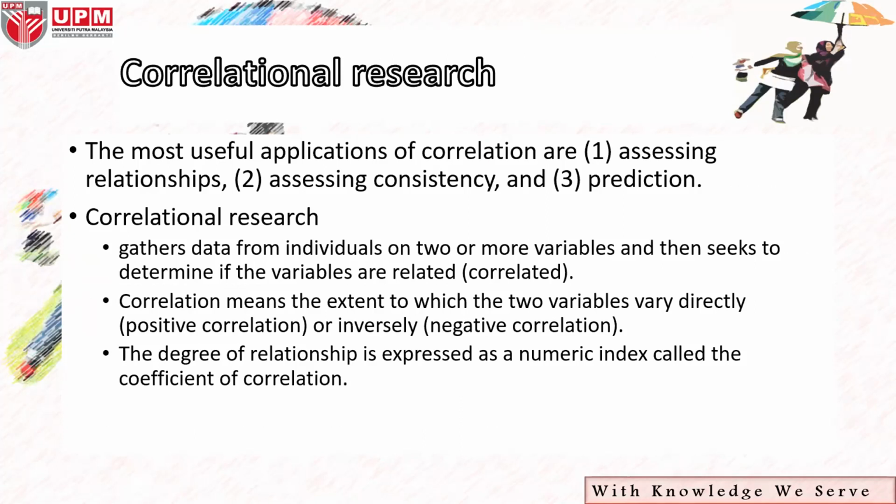Okay, so when you write your chapter 3, if you use the quantitative design, you need to specify the research design. First, the research paradigm that you use, and then specify which research design that you will use in your proposal.